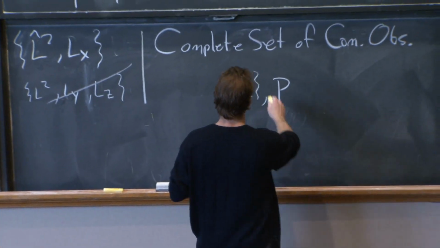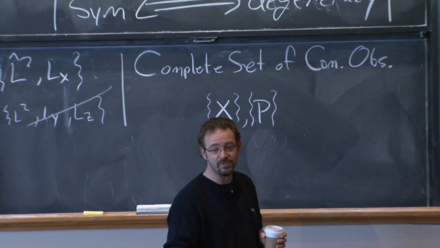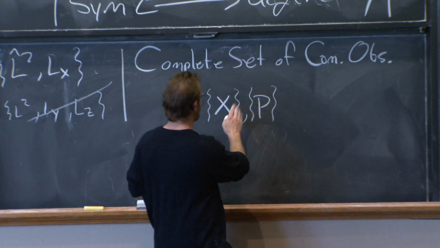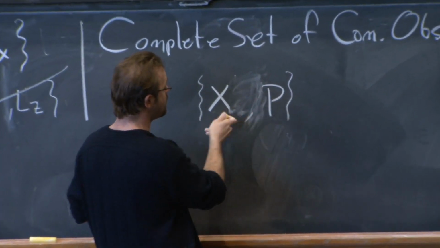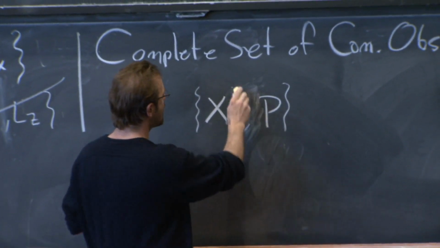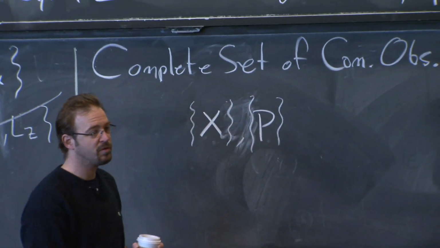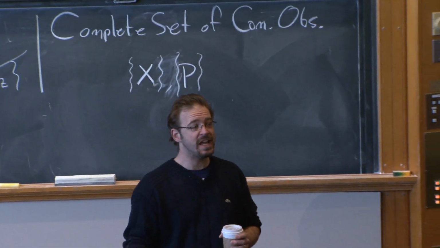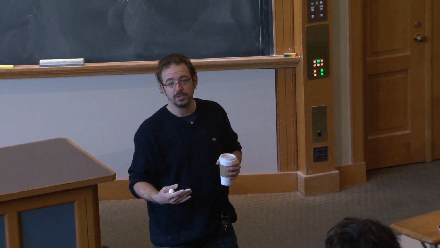Now, what if I tell you instead it's in a state of definite p? Does that specify the state? Absolutely. Can I say it's in a state with definite x and definite p? No, these don't commute. So a complete set of commuting observables in this case would be either x or p, but not both.